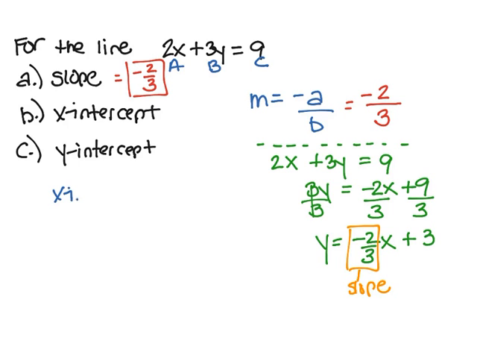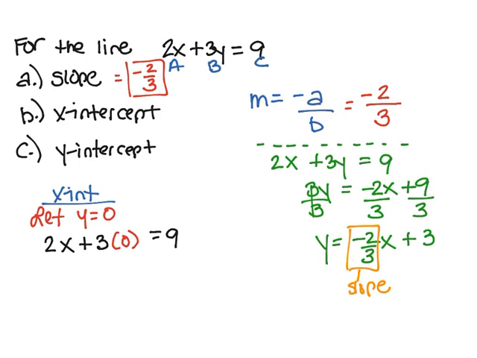So you remember when we talked about finding x and y intercepts, you always let the other variable be 0. So if we let y be 0, because we're looking for x, then our y is gone, and we have 2x equals 9, divide by 2, and then x is just 9/2, okay?